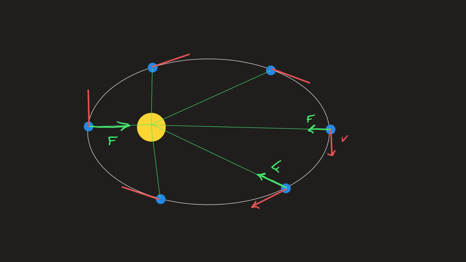It's becoming faster and faster. So by the time it makes it to the point where it's closest, it's traveling at a much different speed than it was traveling when it was furthest away. So when the force is the strongest, the velocity is also the biggest.